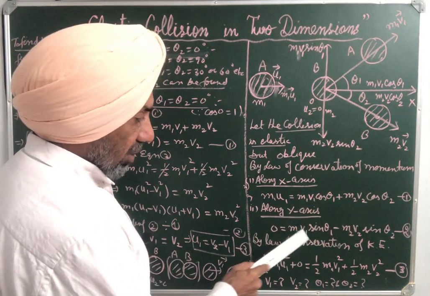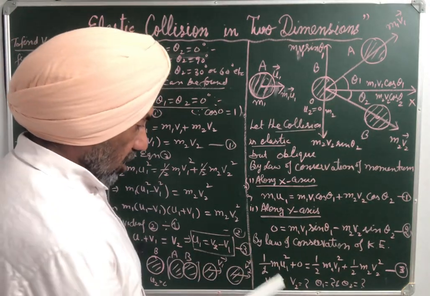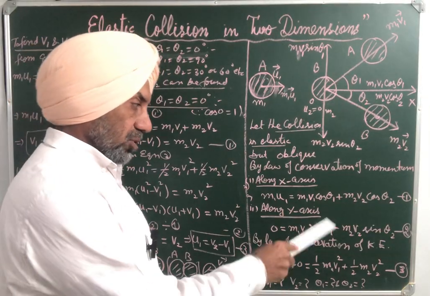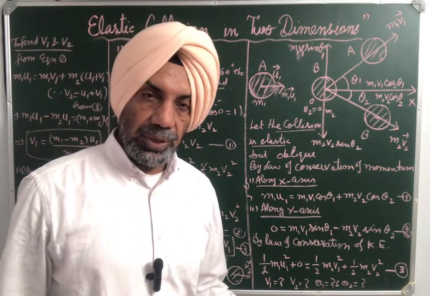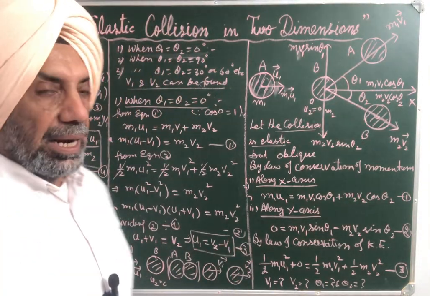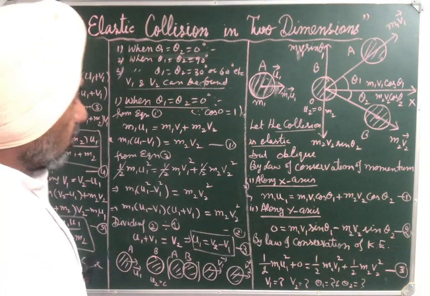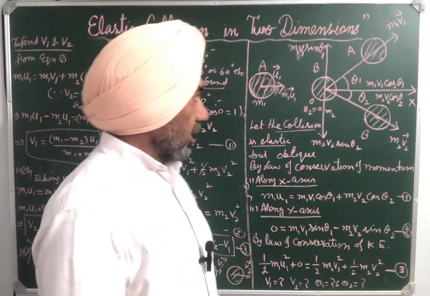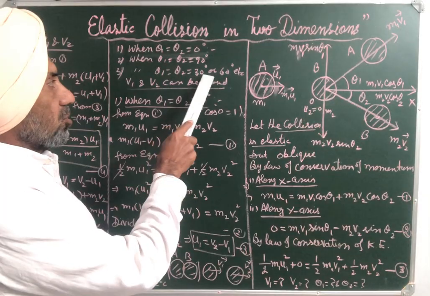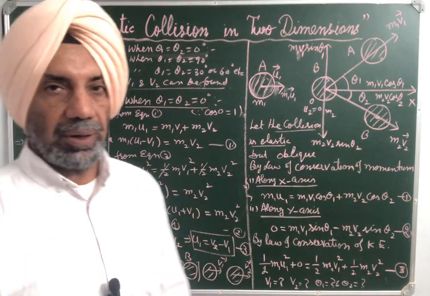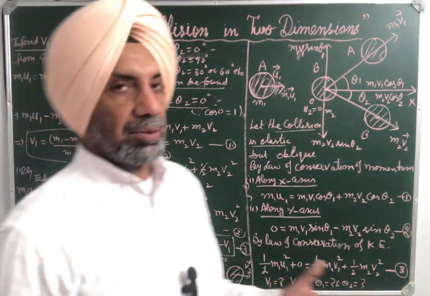So take the equation m1 v1 minus m2 v2 is equal to 0, proceed with the same steps, find the value of v2, substitute in equation number 1, and so on. So we can find the values of v1 and v2 as usual. Similarly, when any angle is given, maybe 30 degree or 60 degree, we can find the velocities of the bodies after collision.